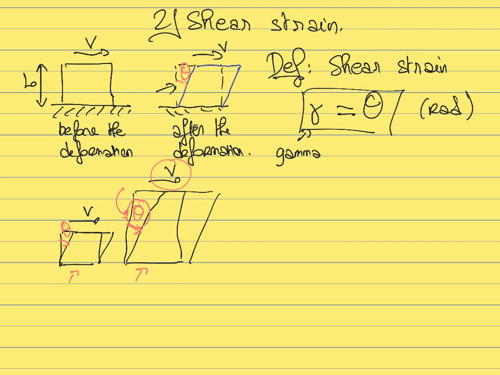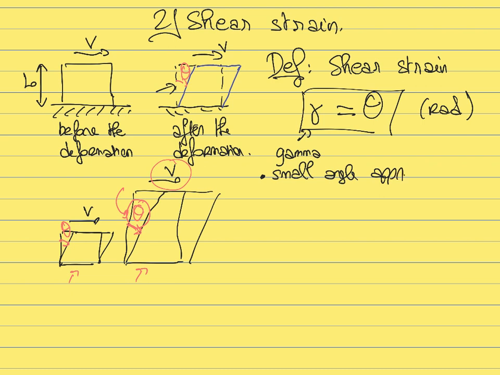So now, because it's not convenient in practice to measure angles, it's much easier to measure some distances than to measure some angles, we will come up now with a simplified, approximated definition of the shear strain. And for this, we are going to use the small angle approximation.